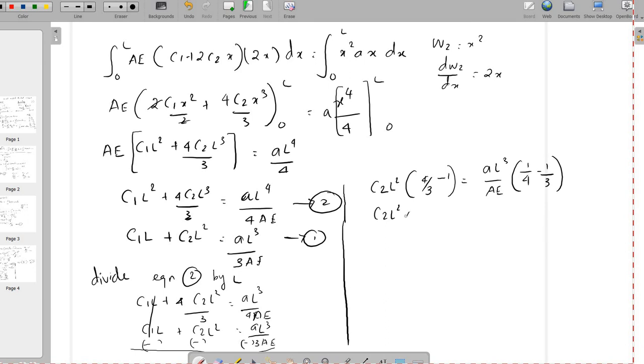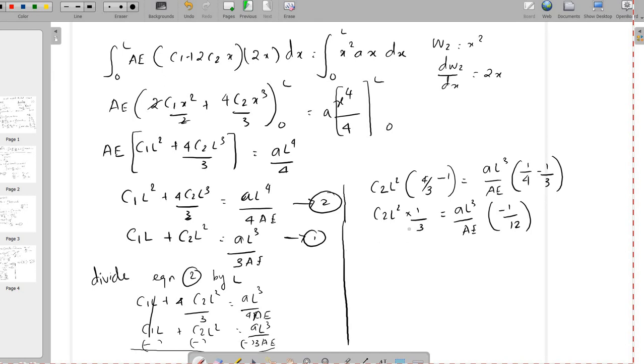So C2L square into 1 by 3 is equal to AL cube by AE minus 1 by 12. Because taking LCM, it is 4 into 3, 12. Cross multiply this, 3 minus 4, so it is minus 1 by 12.